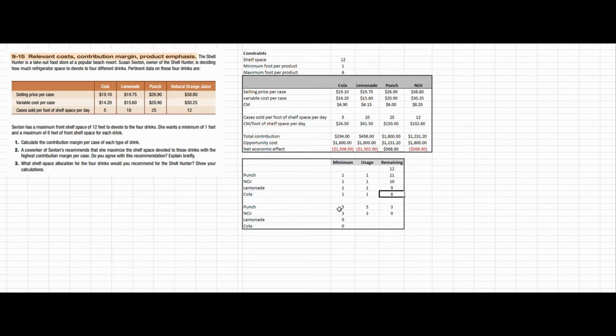I've already allocated 1 foot, so I will allocate an additional 5 feet to punch. That leaves me with 3 feet. I go to my next best alternative, which is orange juice, and I allocate the full 3 units to orange juice. And that allows me to determine that I would end up with 6 feet allocated to punch, 4 feet to orange juice, and 1 foot to both lemonade and cola.